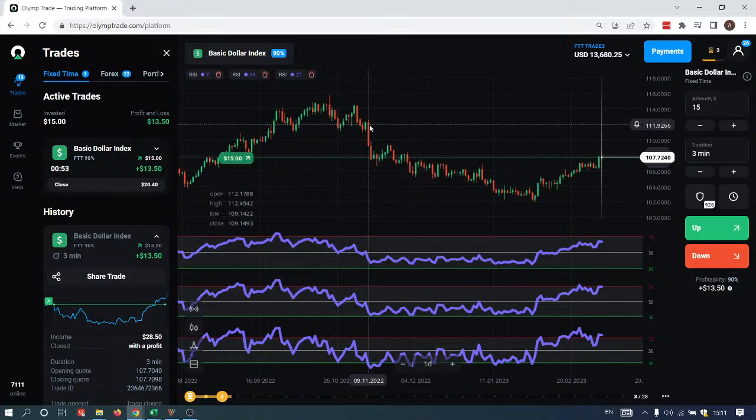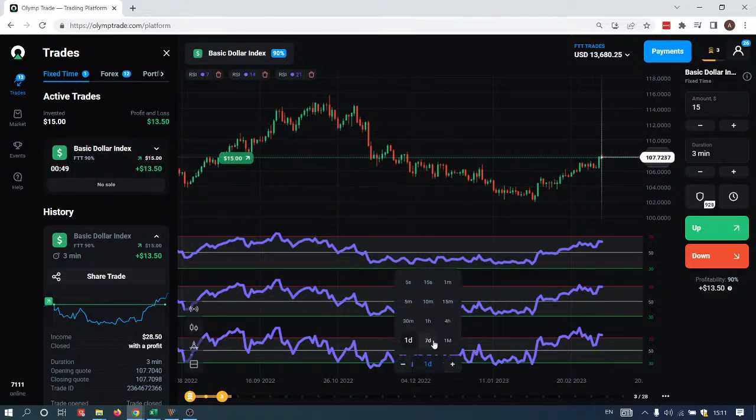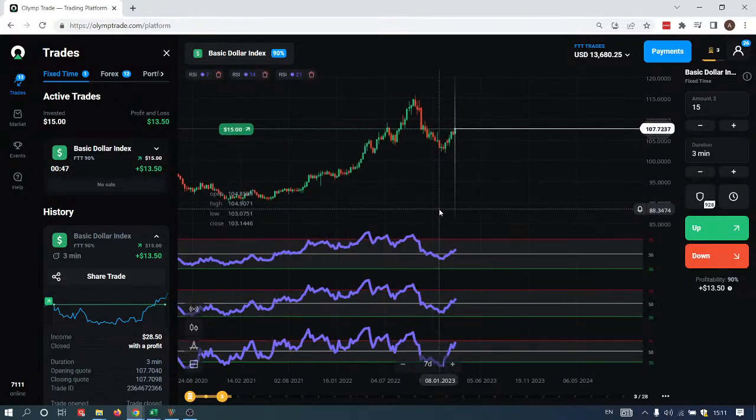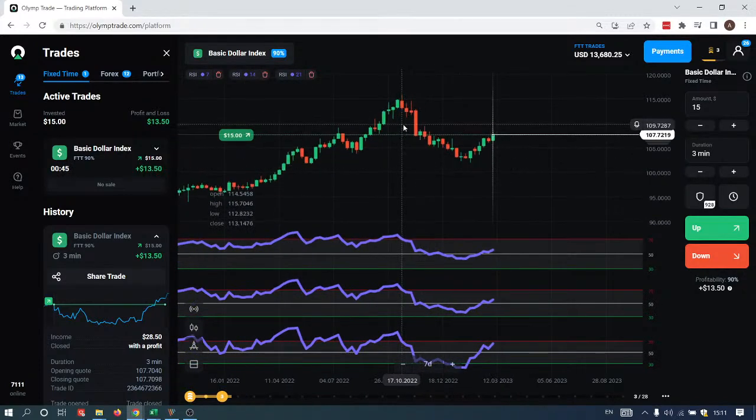So such signals happen from time to time, and of course we can switch to the 7-day time frame, which is basically 1 week, and you're going to see that on such high time frames you can also open trades.